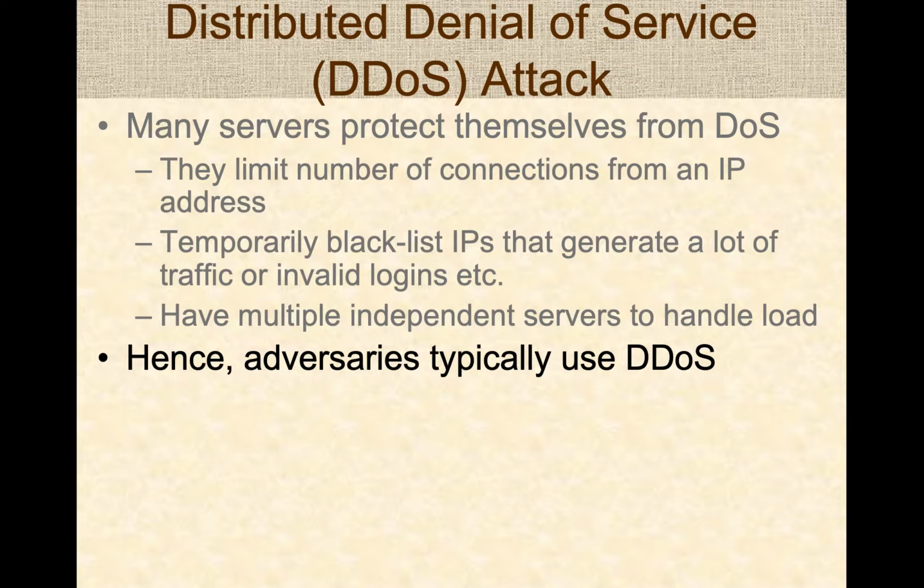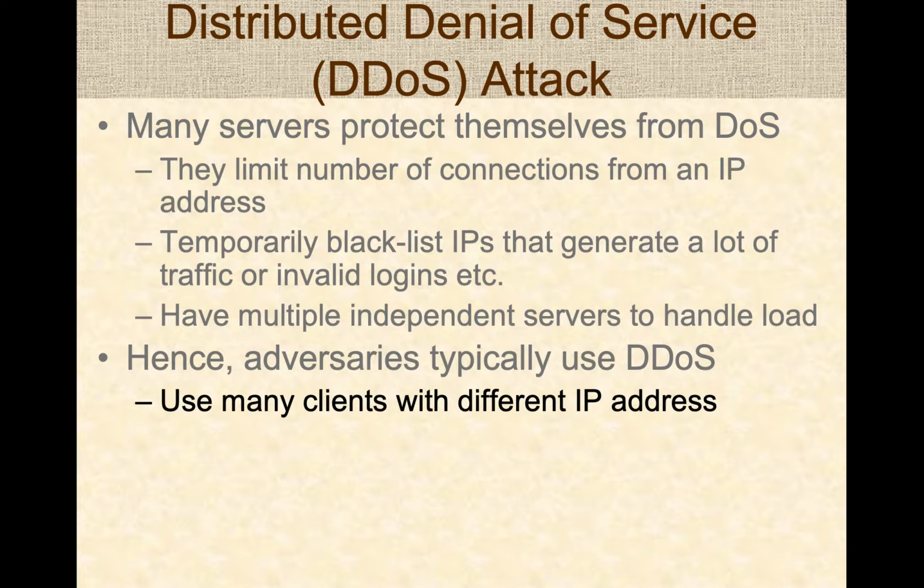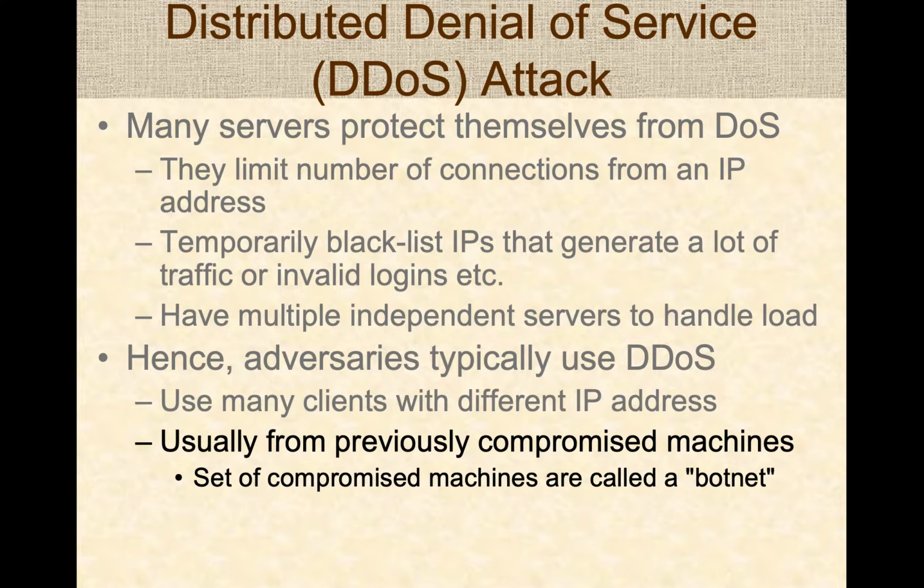So, what adversaries typically do is they try to subvert or work around these by doing what's known as a distributed denial of service attack, or DDoS attack, where they use many clients with different IP addresses on the internet to attack the single server.